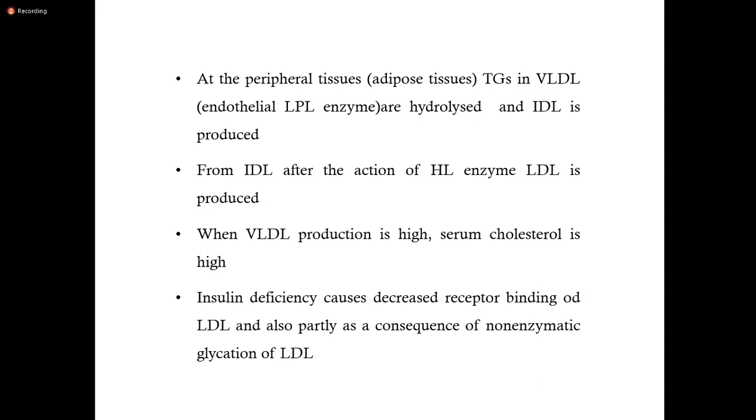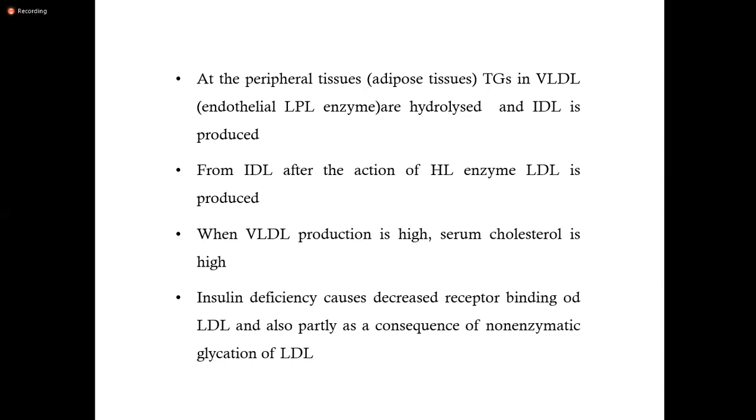So then intermediate density lipoprotein is produced, and after that this goes back to the liver, maybe as IDL or in the form of VLDL remnant.